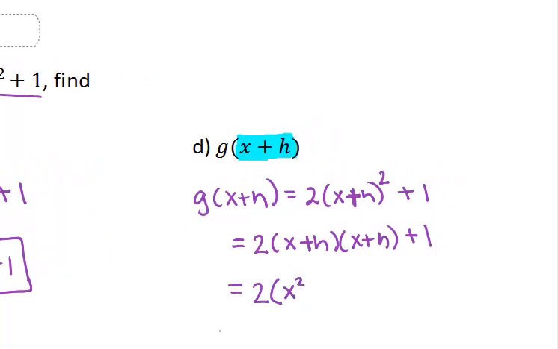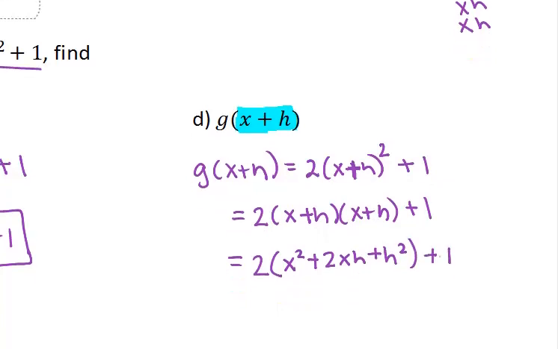Outside, I have an x times h. Inside, I have an x times h. So if I wanted to combine these together, that would give me 2 x times h's. And last, I have h times h to give me h squared. And that is plus 1.